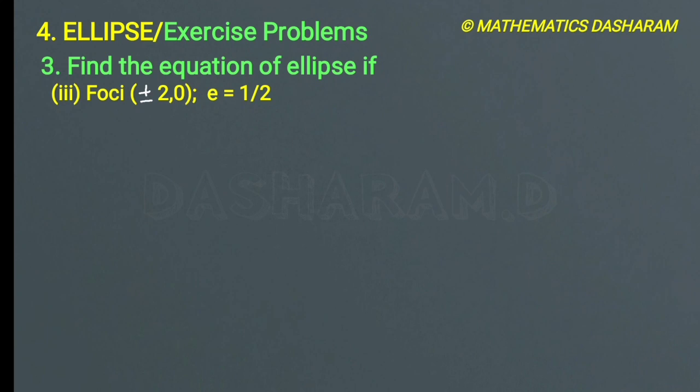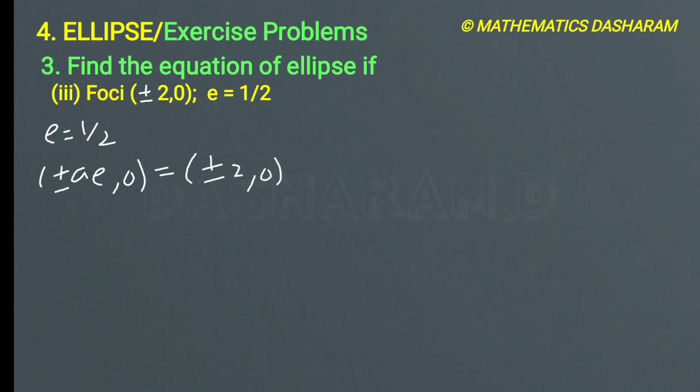Next, third question, the foci is plus or minus 2 comma 0 and e equals 1 by 2. So here e value is given 1 by 2 and the foci plus or minus 2 comma 0, compare with plus or minus a e comma 0. It equals plus or minus 2 comma 0. So then a e will become 2.